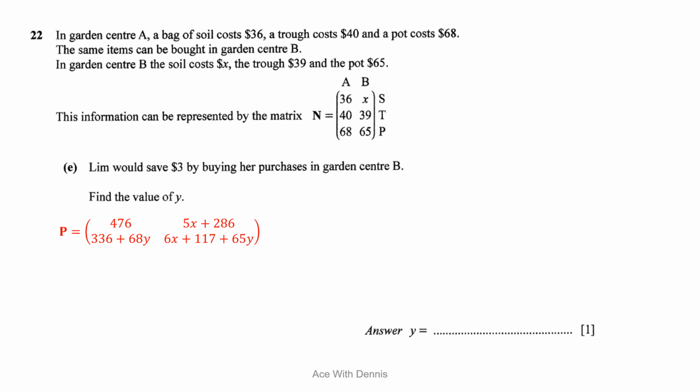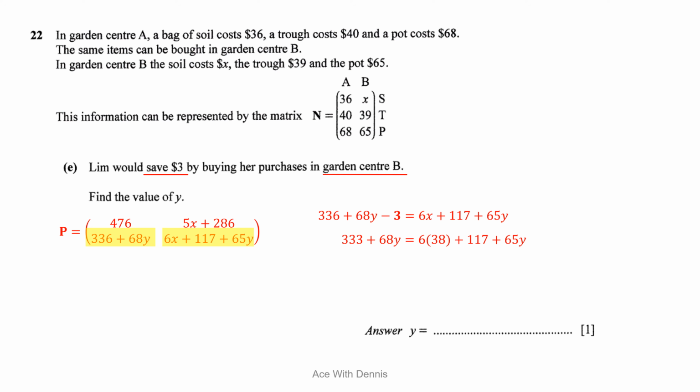Okay, so now let's take a look again at matrix P, where this is the total cost for Lim to buy from center A, and this will be the total cost for Lim to buy from center B. So she would save $3 if she buys from center B. So that means 336 plus 68y minus 3 equals 6x plus 117 plus 65y.